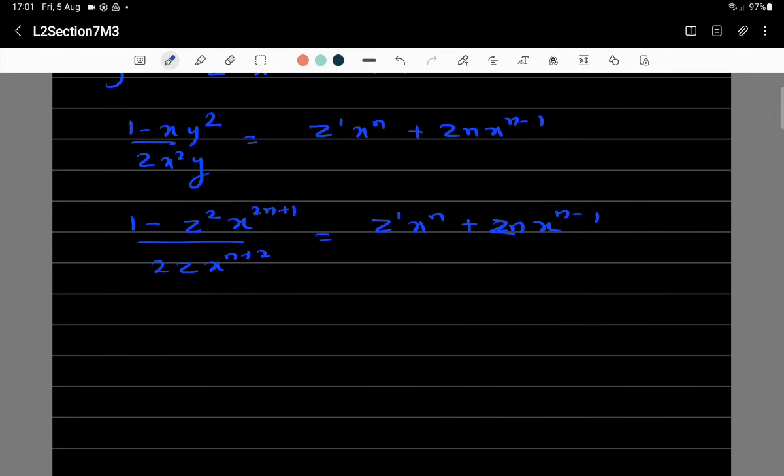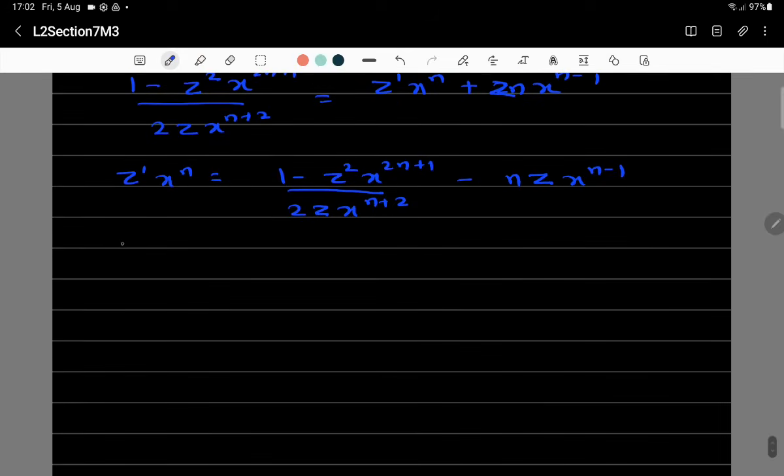Now we need to simplify it. So z dash x raised to the power n, I should take it on that side. So this becomes (1 minus z square x raised to the power 2n plus 1) divided by 2z x raised to the power n plus 2, minus n z x raised to the power n minus 1.